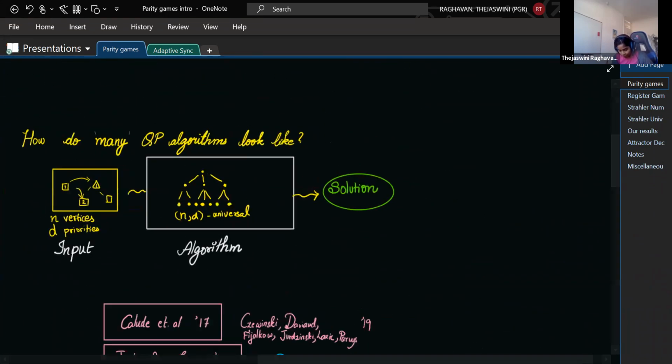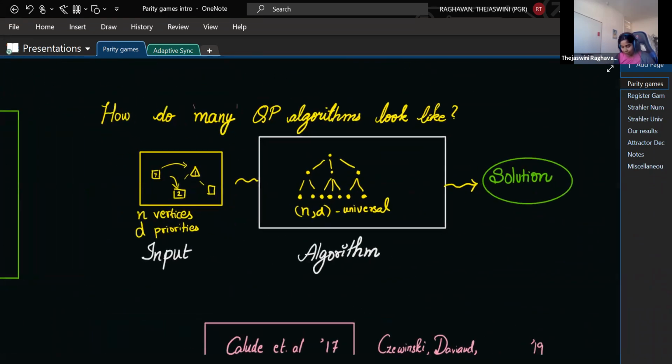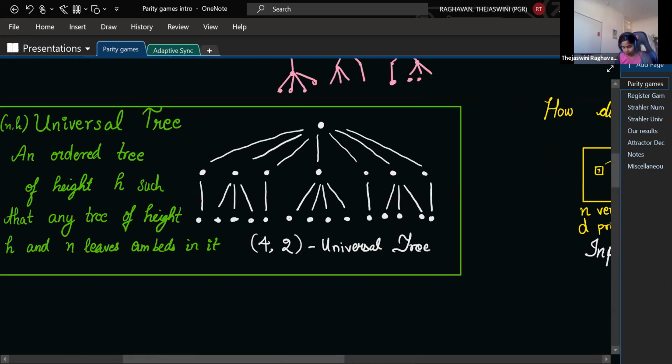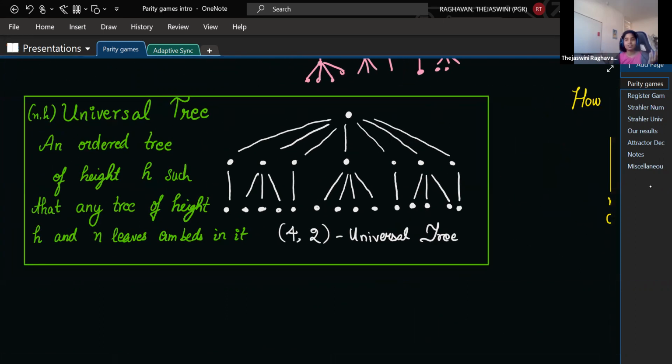So now we're back to what many quasi-polynomial time algorithms look like. We're now ready to define what a universal tree is. We know what an ordered tree is: it's just a tree where the edges occur in some order. A universal tree is a large enough tree such that, in this case, we'll call it an n,h universal tree, it has height h and it can fit any ordered tree with n vertices in it.